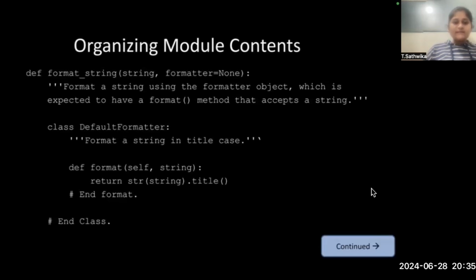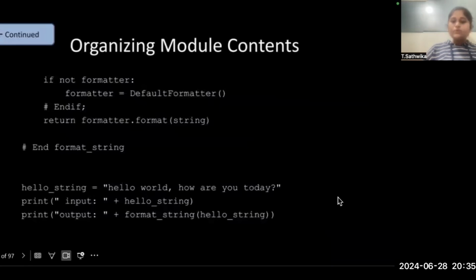And we have the class DefaultFormatter which formats a string in title case. And we have format(self, string) which returns string.title(). Then this is the end of format and we can end the class in this way. Now, if the formatter is not supplied, then formatter is equal to DefaultFormatter. And we return the formatter.format of string, and we can end the format_string.